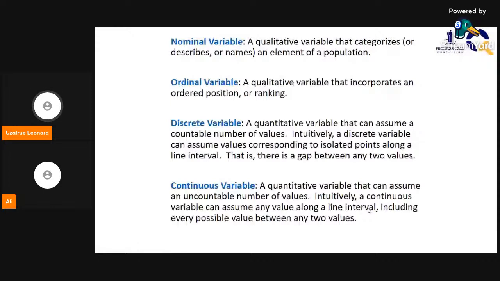Now, I made mention of nominal. I said a nominal variable is actually a qualitative variable that categorizes or describes or names an element of a population. So I want you to hold that, very important. Anything that just categorizes, describes, or names an element of a population is a nominal variable.